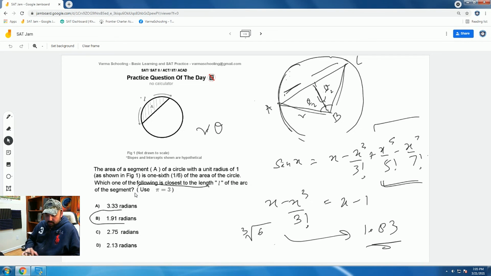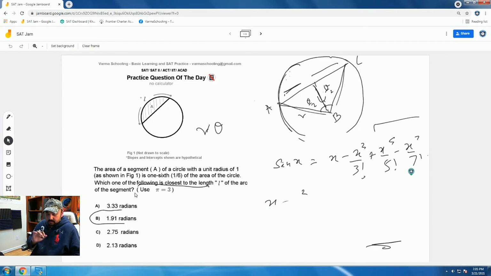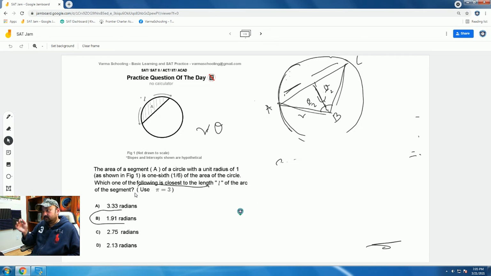You can use just basic inequalities: area of the segment equals area of the sector minus area of the triangle. The area of the triangle, remember, is half times the base, 2r sine theta by 2, times the altitude, r cosine theta by 2.